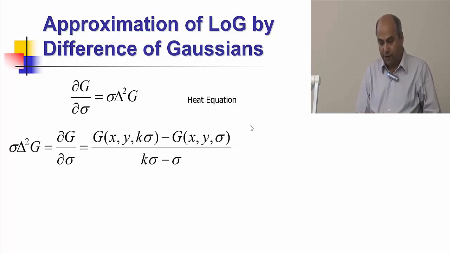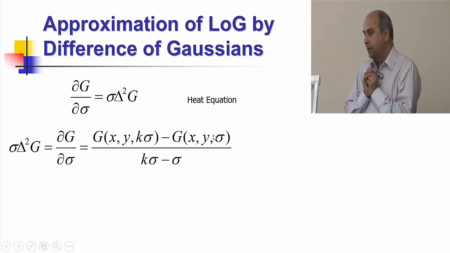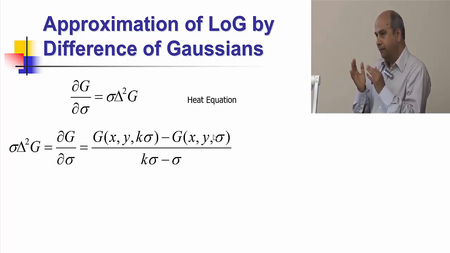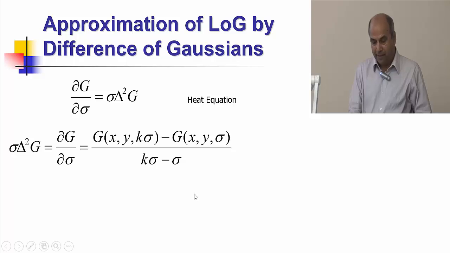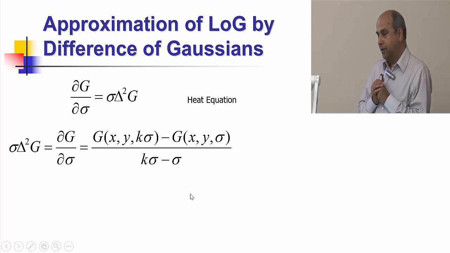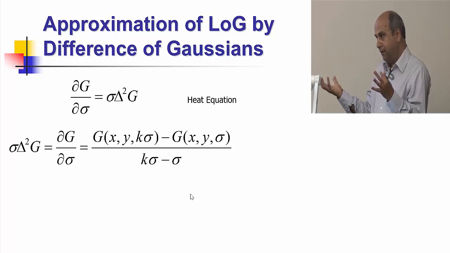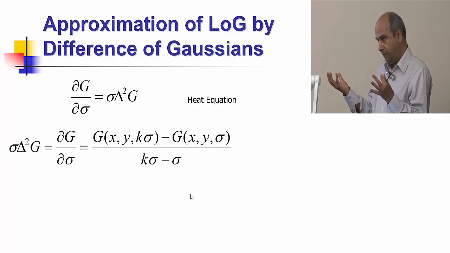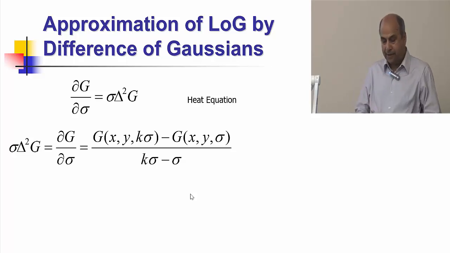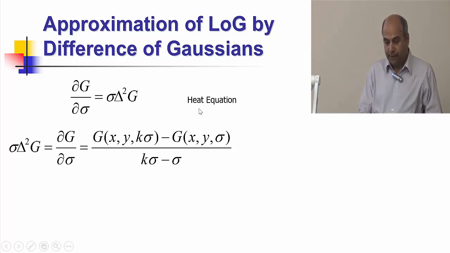You take the value of g at x, y, k sigma, for example, and subtract g at x, y, sigma. k sigma is a small distance in that sigma, and you find a difference, and then divide by the delta, which is from k sigma to sigma, and that's the definition of the finite difference derivative. And this is equal to the Laplacian multiplied by sigma.